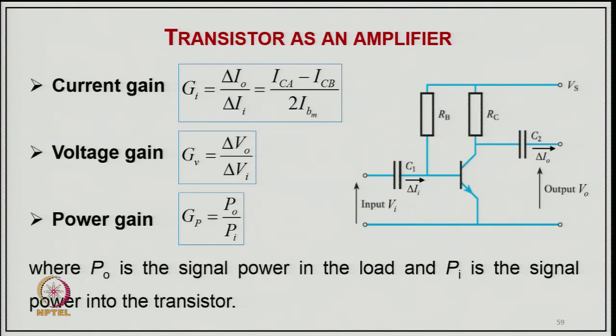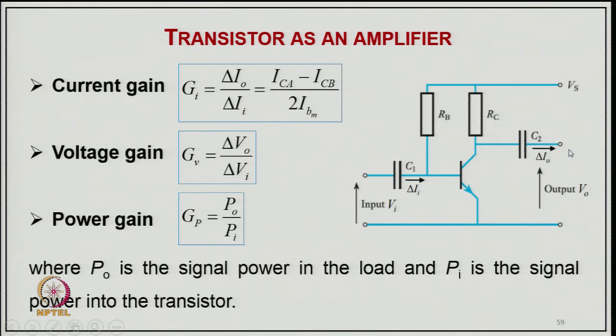So, now coming to the current gain GI, that is delta I0 upon delta I, which is (ICA minus ICB) divided by 2 IBM. The voltage gain GV equals delta V upon delta I, that is the output voltage and the output current.